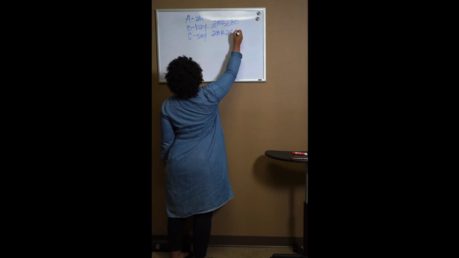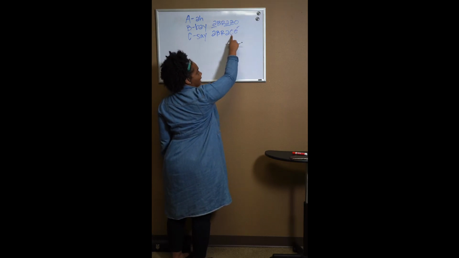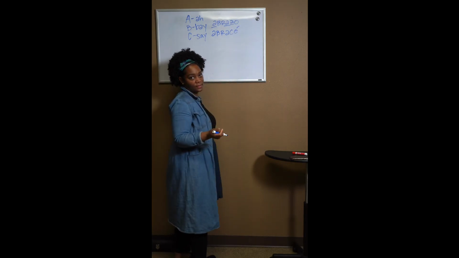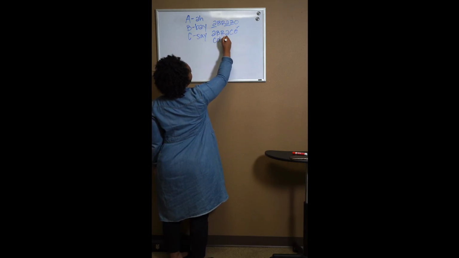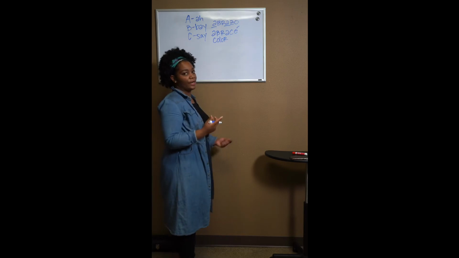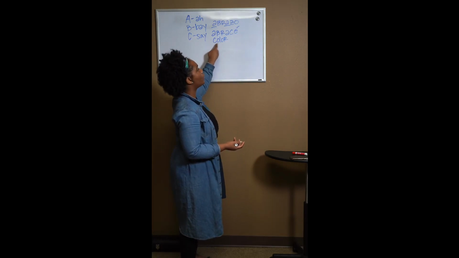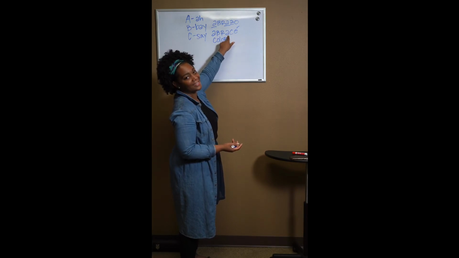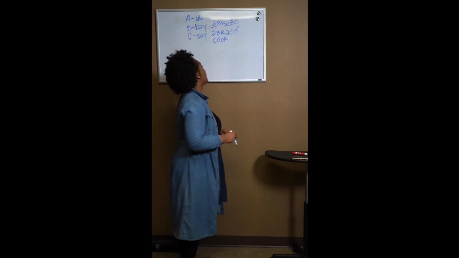I could say abracé, so this is a soft C sound. Or let's say I use the word color, pero en español se dice color. So you have color and abracé.